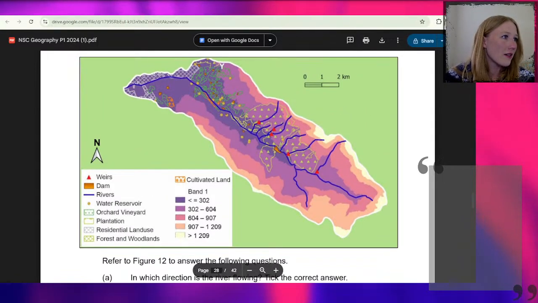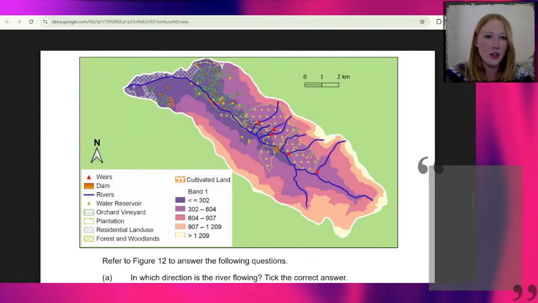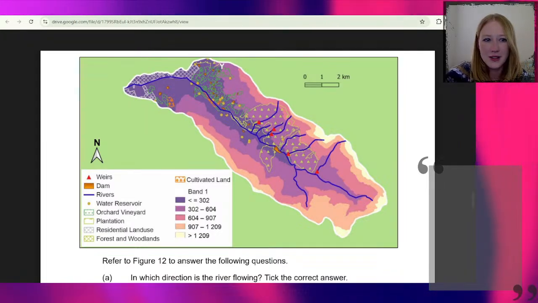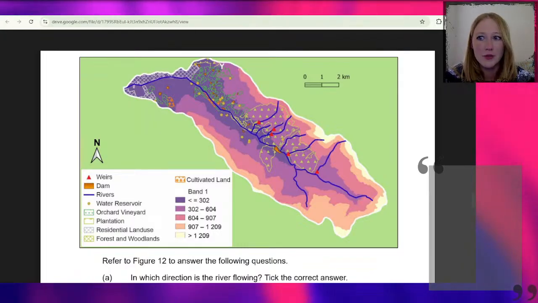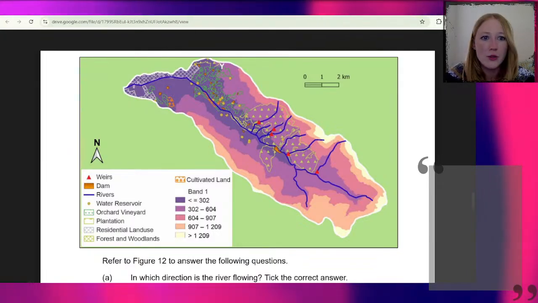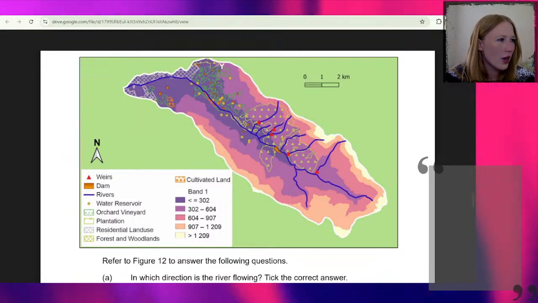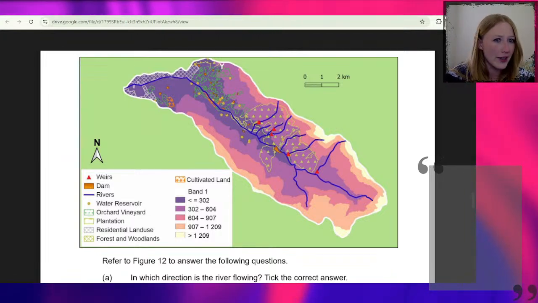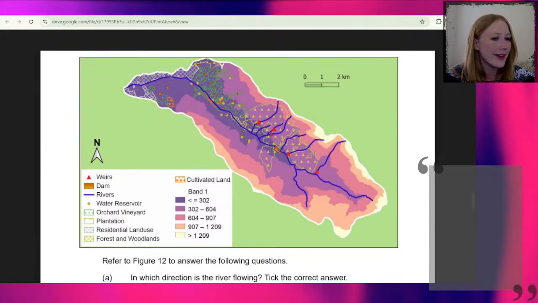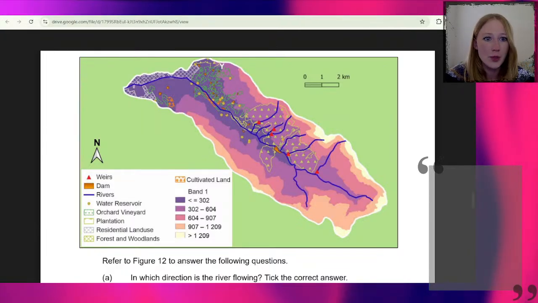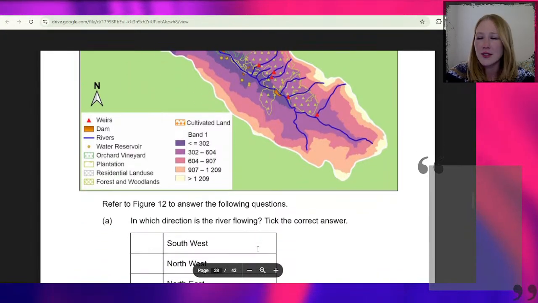And for lack of a better word, there doesn't seem to be a lot of river, if that makes sense. There are a lot of areas without any type of tributaries or channels or anything depicting river. So I would think low drainage density. There is not much happening in terms of number of channels and number of tributaries or rivers. So I'm thinking low. What do you guys think?